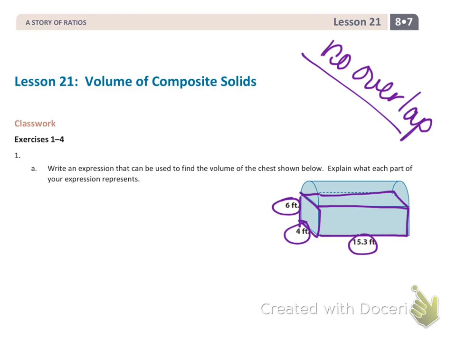The part on top just sits on top of the rectangular prism, as far as we can tell. And that looks like a half cylinder. We're not specifically told that it is because we're not given this dimension, but I think we can assume this is a half cylinder. I would like a little bit more detail on this drawing, but given that, we're going to go with that.